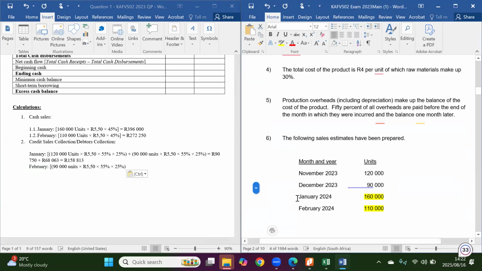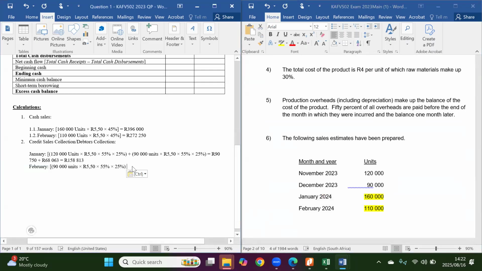Then we go into the month of January. For January, the first collection will be done in February. So we're going to add the 160,000 units.